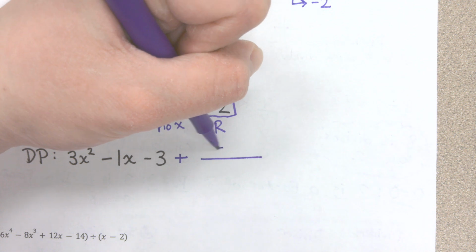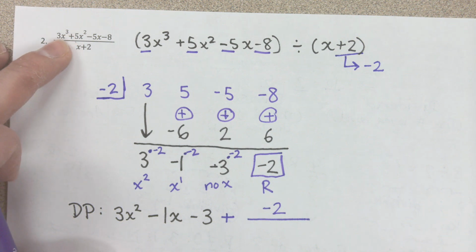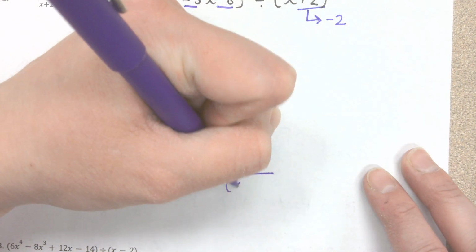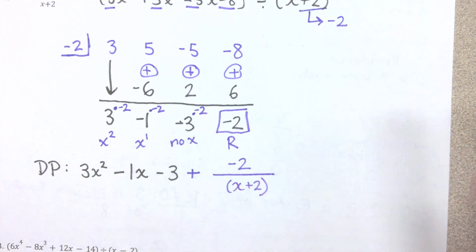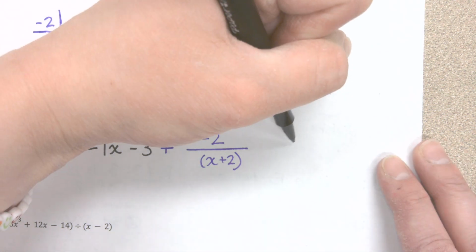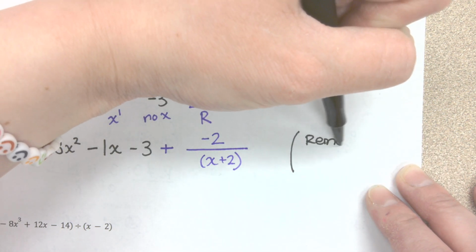You'll put the r on top, so negative 2, whatever that is. And then on bottom, you're going to put the divisor, the original divisor, x plus 2. So I'm going to add just a little note over here. This is a remainder over divisor.